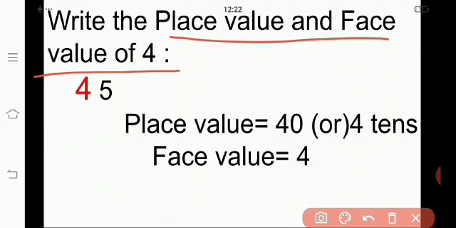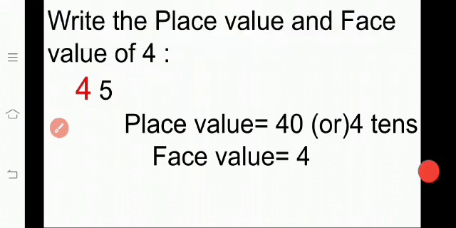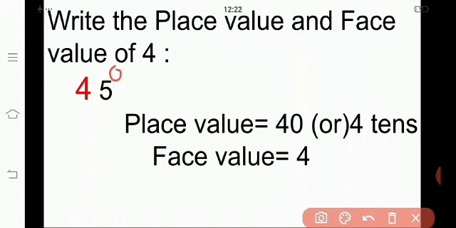That means we want to write the position of the given numbers. Okay, children, shall we do ones and tens? So position of 5 is ones, then position of the number 4 is tens. Shall we write the place value? So place value of 4 is 40 or 4 tens.